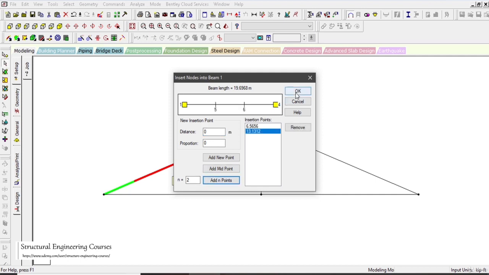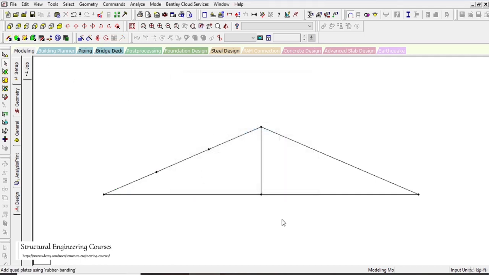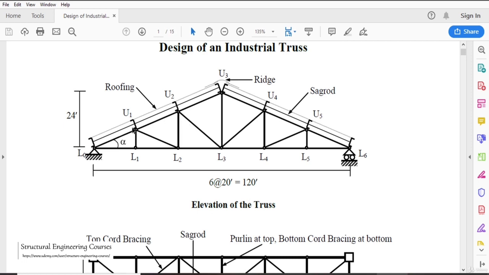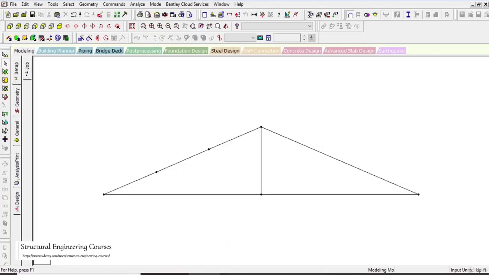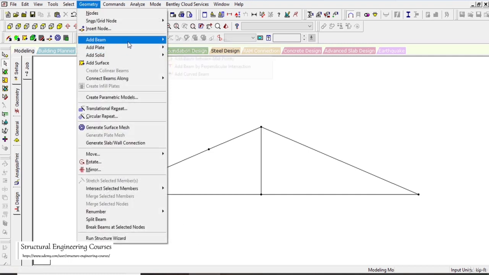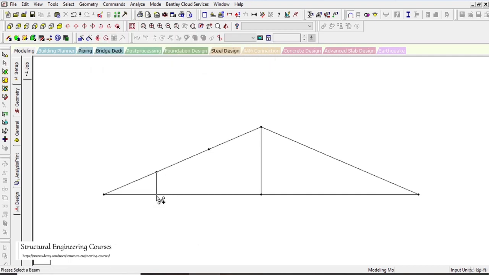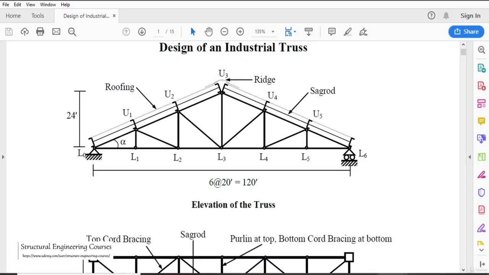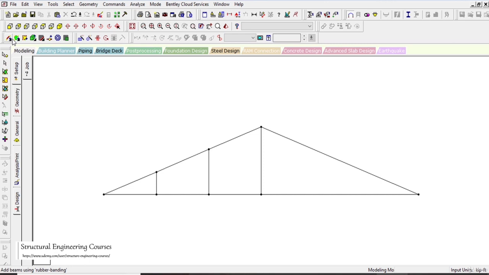So we can left click on n equal to 2 here. So after that, if we see the arrangement here, it is like this. So we can go to geometry, add beam by perpendicular intersection, and we can just model these secondary members here.